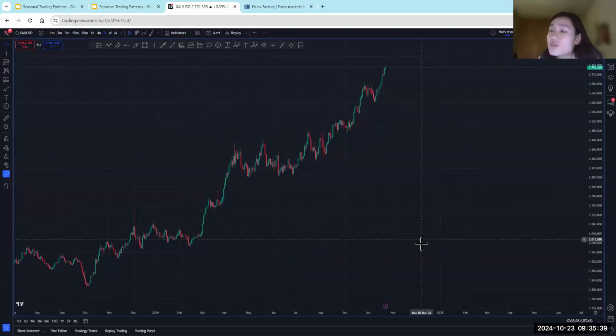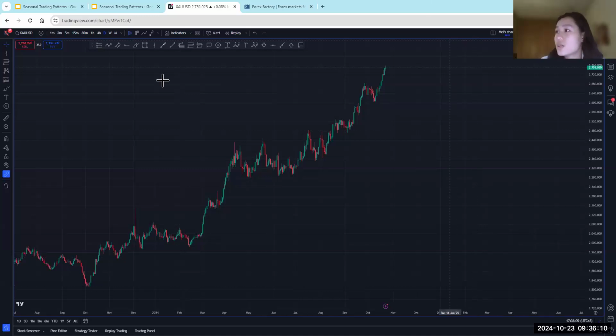Okay, let's go ahead and take a look at gold and analyze this together. On our weekly time frame, we already saw prices moving upwards in an uptrend. Daily time frame, we see that as well.